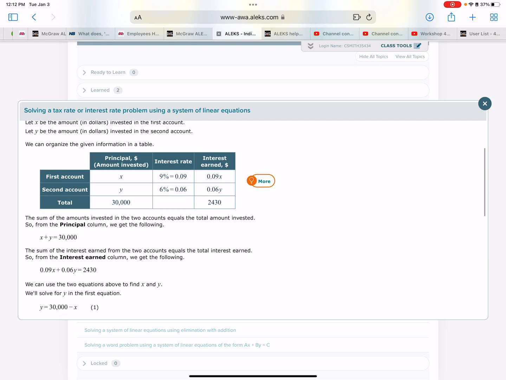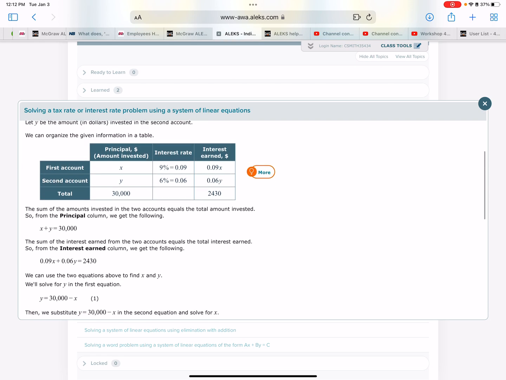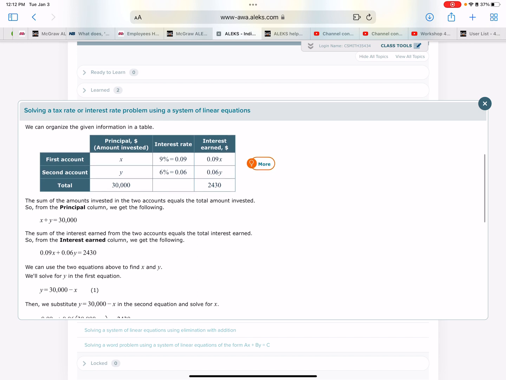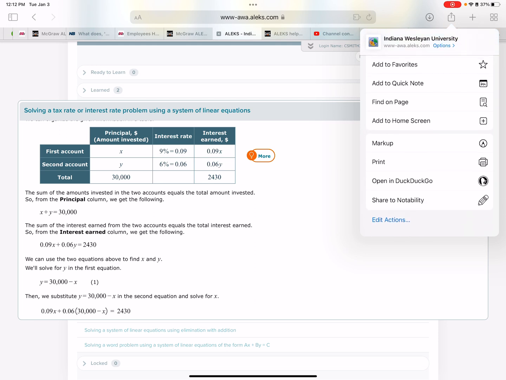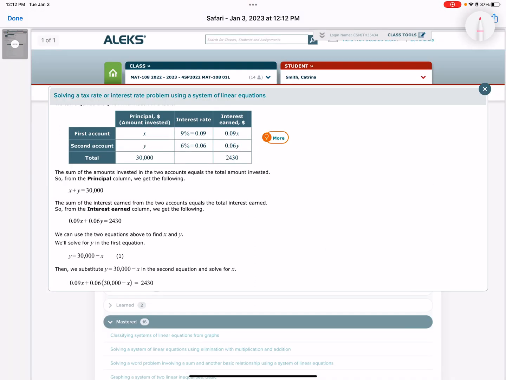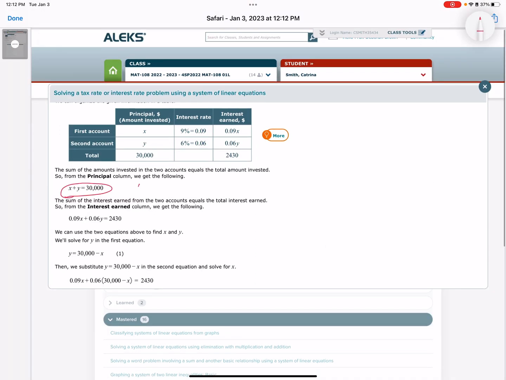So now that we have these, you can substitute. You can do this in lots of different ways, but what we're going to do for this one is we're going to say, okay, I'm going to take this, but that's equal to X. I'm going to subtract Y from both sides. So that's where we got the 30,000 minus Y. Or actually, they solved the other way, which we could do as well.